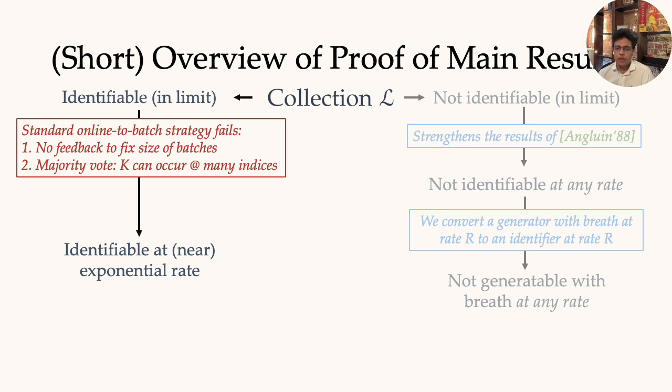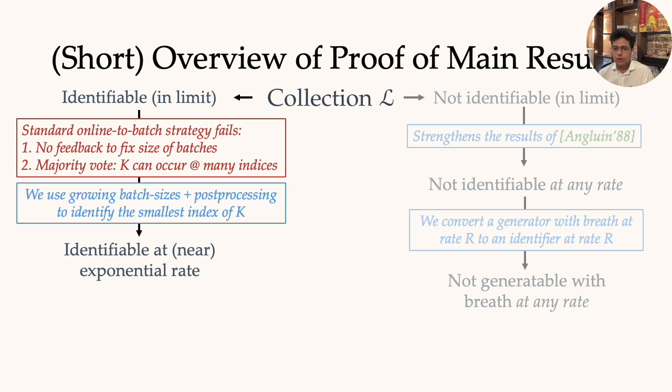Second, when we have a bunch of online identifiers that we have trained, we cannot simply aggregate them by taking the majority vote, because in our language collection, the target language K can be occurring at many indices, and each of the identifiers we have trained could be outputting a different index. Hence, we need some new way of taking majority votes.